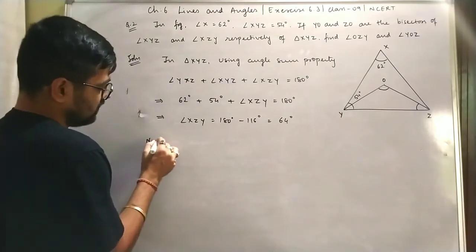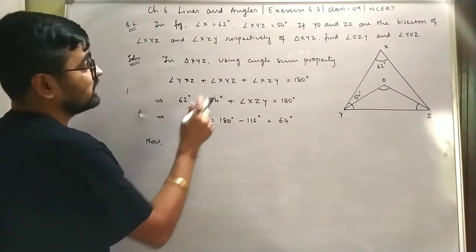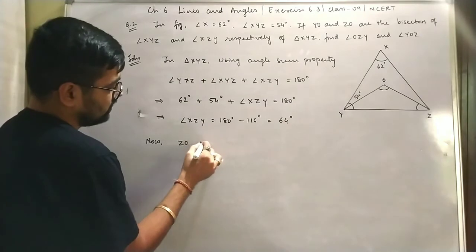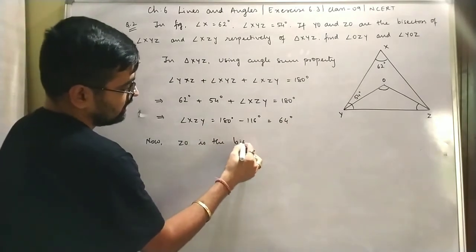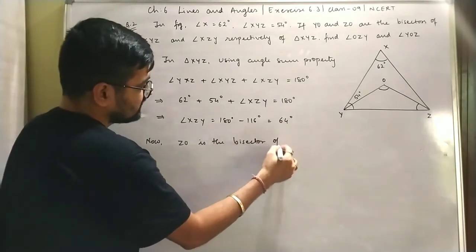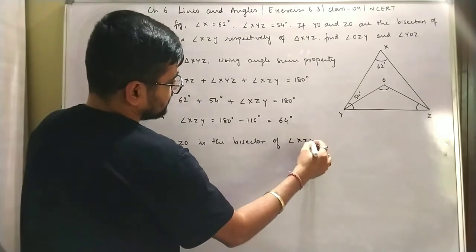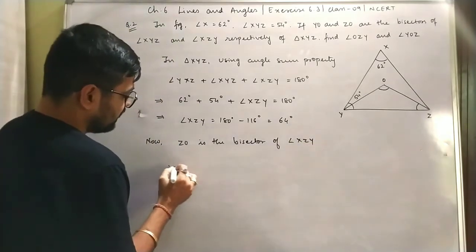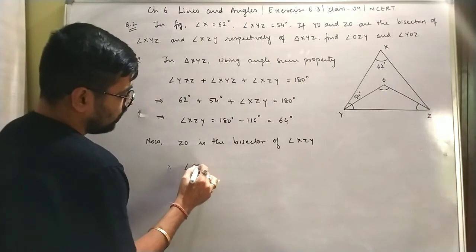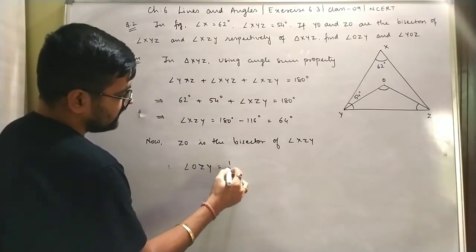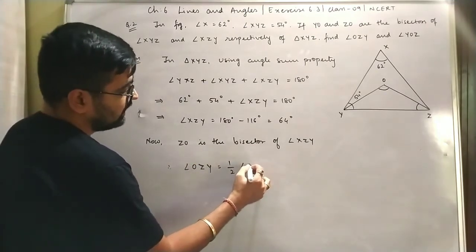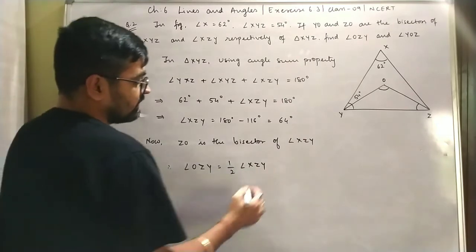Now, ZO is the bisector of angle XZY. Therefore angle OZY is half of angle XZY. Correct.